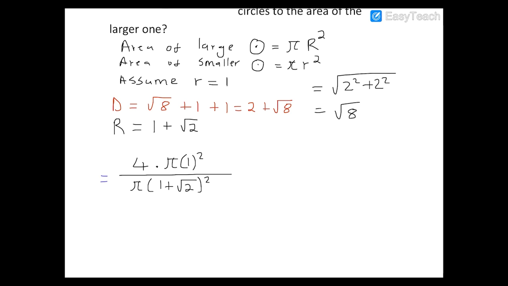Okay, if we do that, pi cancels pi, and we are left with 4 divided by, so we multiply this out by using FOIL, we get 1 plus 2 root 2 plus 2, and our answer here becomes 4 divided by 3 plus 2 root 2.